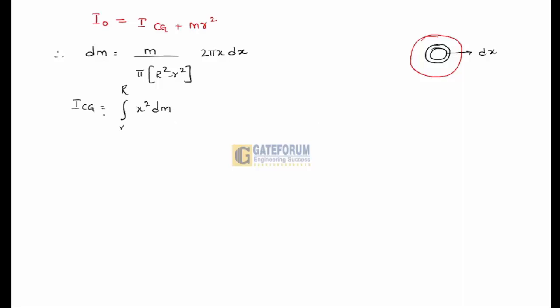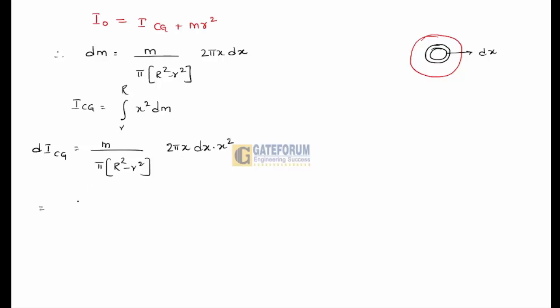Now dI CG at a point CG is M by pi into R square minus r square, 2 pi x, dx into x square.